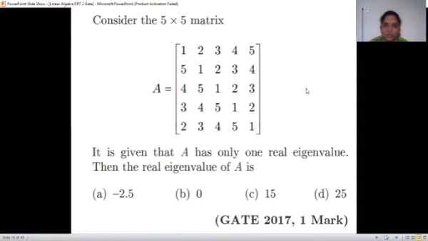But x will be 5 by 1, 5 rows, 1 column, call it x1, x2, x3, x4, x5, or a, b, c, d, e, whatever you want. So write that equation, Ax is equal to lambda x. We are solving for lambda.